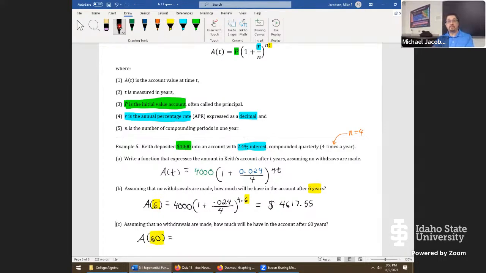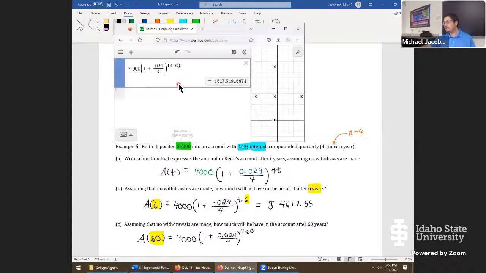In the calculator, this is really fast, but on paper, I would want to write down this whole thing all over again. I'm only changing what's highlighted in yellow. So in this parenthesis, it's still 1 plus 0.024 divide by 4. Now 4 times 60, or 240, would go there. Then it's pretty much already in your calculator.